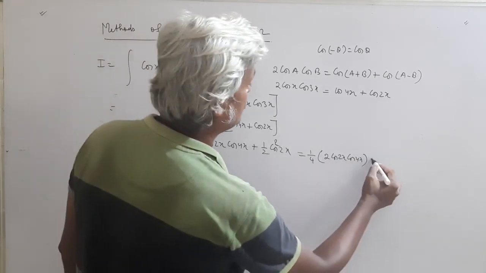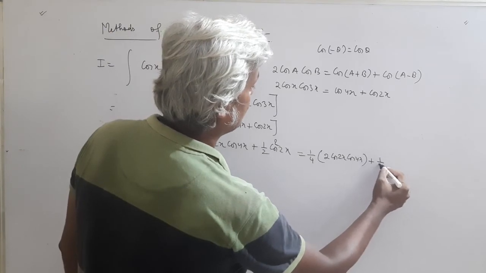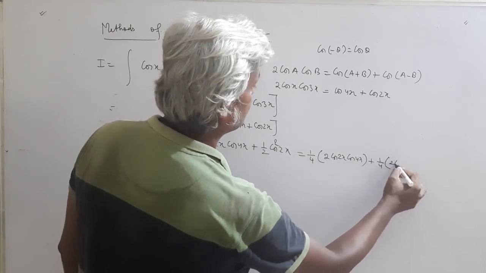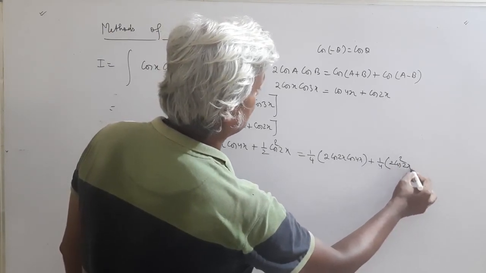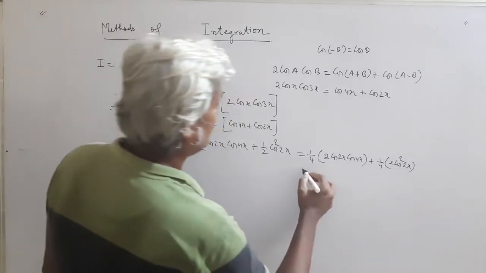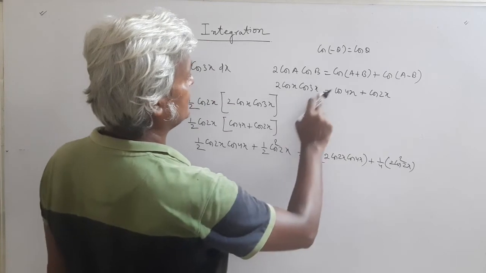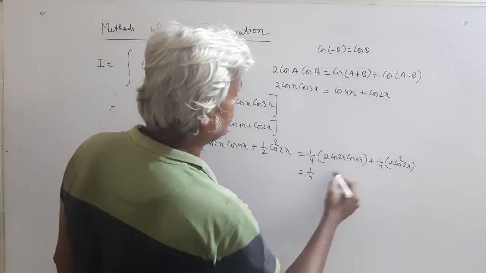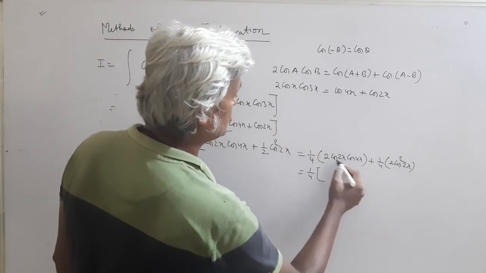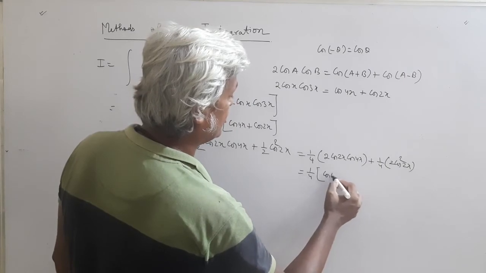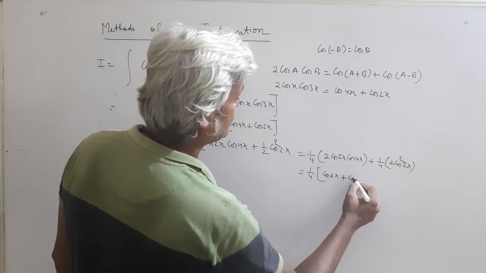Same thing I'll do here also. This will become 1 by 4 and 2 cos square 2x. This one becomes 1 by 4 and, as it is very much like this, the sum of these two: cos 2x plus cos 4x will give cos 6x plus cos 2x.